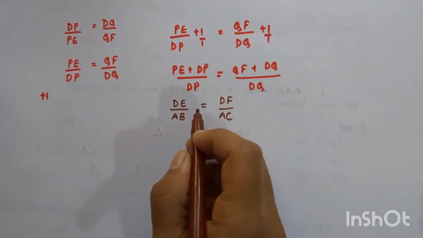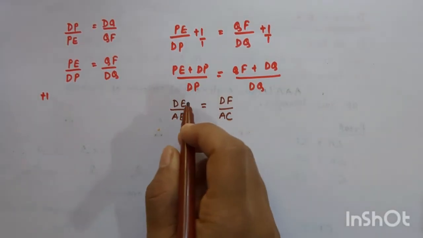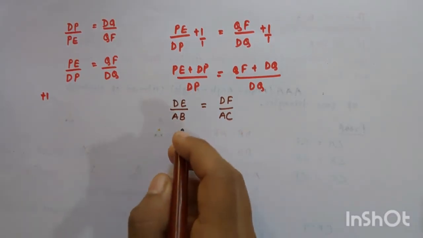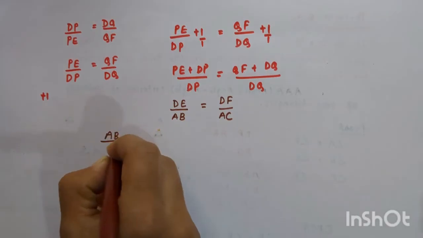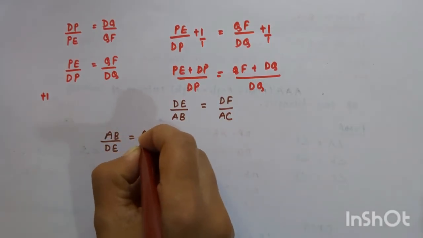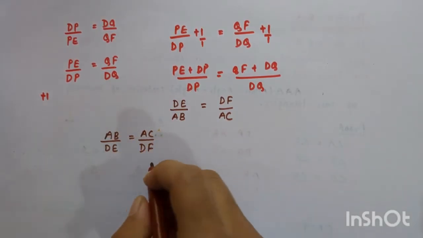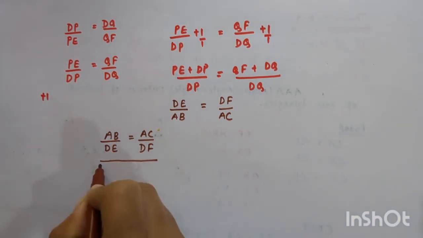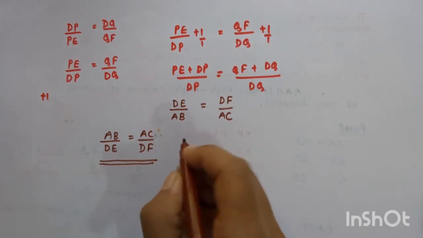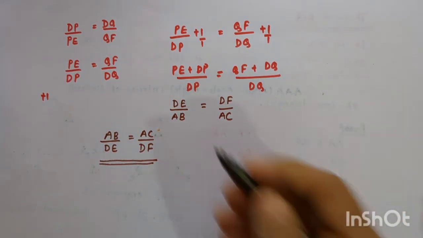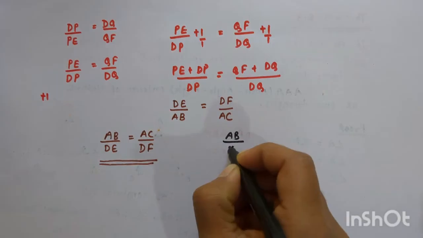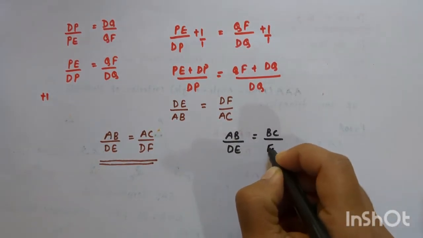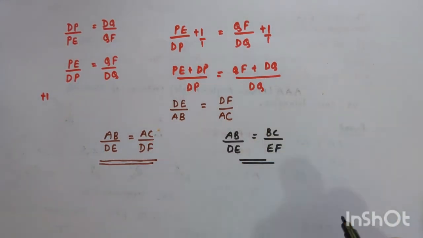Now let us invert this equation, that is, take the reciprocal. The numerator becomes the denominator and the denominator becomes the numerator. So we can write AB by DE is equal to AC by DF. This result is important. Similarly, we can also prove that AB by DE is equal to BC by EF. We can prove this in the same way.